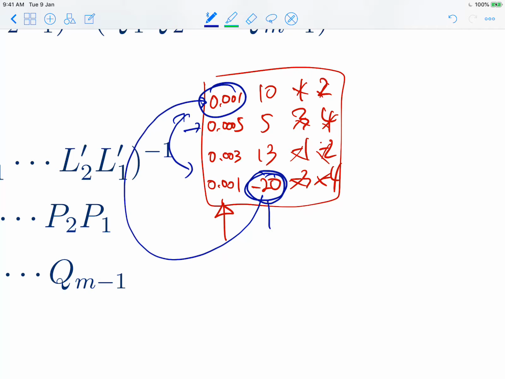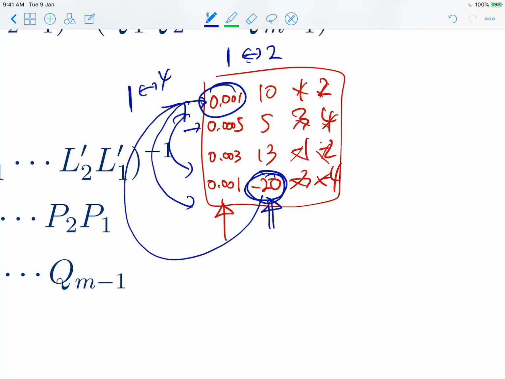So in order to move this one to the top left, we can first do the row permutation between the first and the fourth row, and then in terms of the column permutation, we can swap the second column with the first column, right?